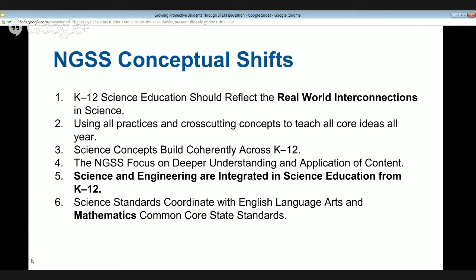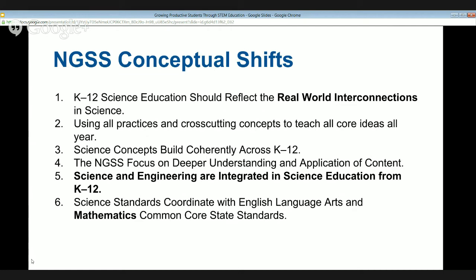You will see some similarities because there are themes that go across all of the grade bands. That's our cross-cutting concepts. However, the things that the students are being asked to do within those themes will vary in complexity. And it's critical then that the teacher should understand what the students knew before they got to their grade level and then what the students are going to be expected to do at the next level to make sure that we cover those standards in depth enough so that our students are successful.